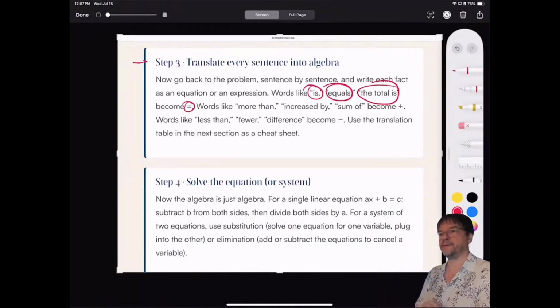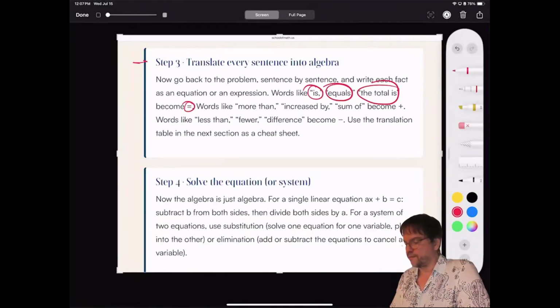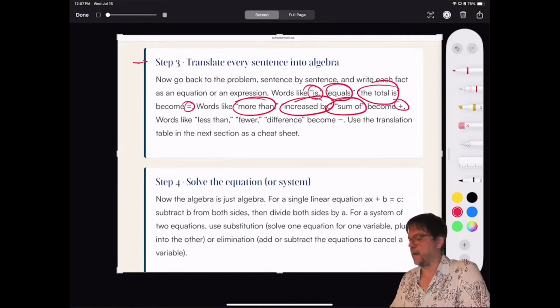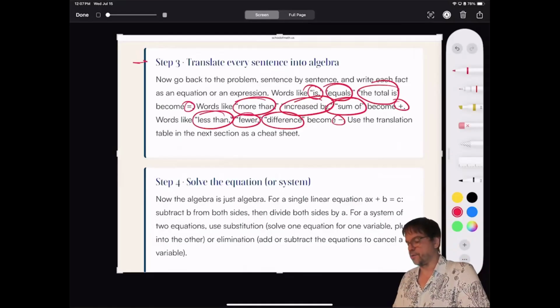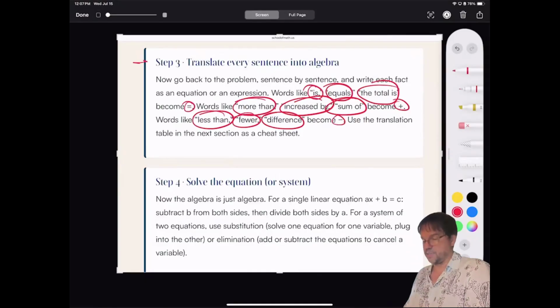You know that. Is that okay? Yeah. Words like more than, increased by, sum of become addition, the operation. Words like less than, fewer, difference become minus or subtraction. Is that okay? Yeah. Use the translation table in the next section as a cheat sheet.